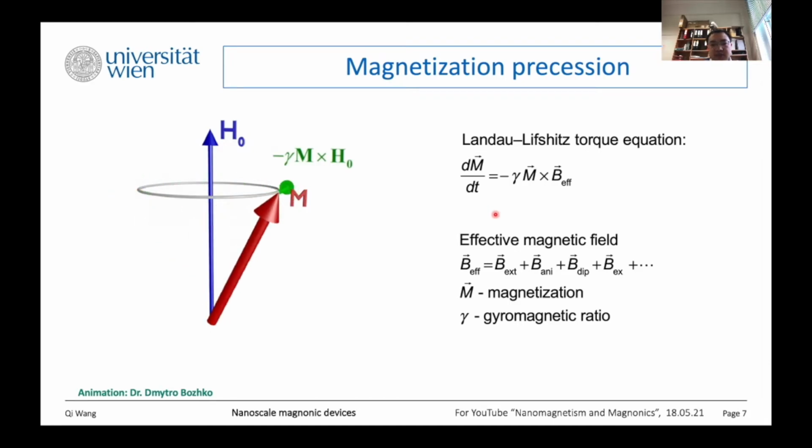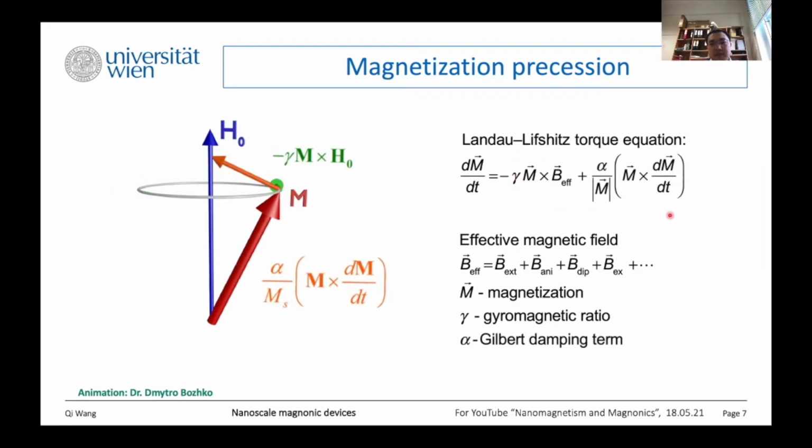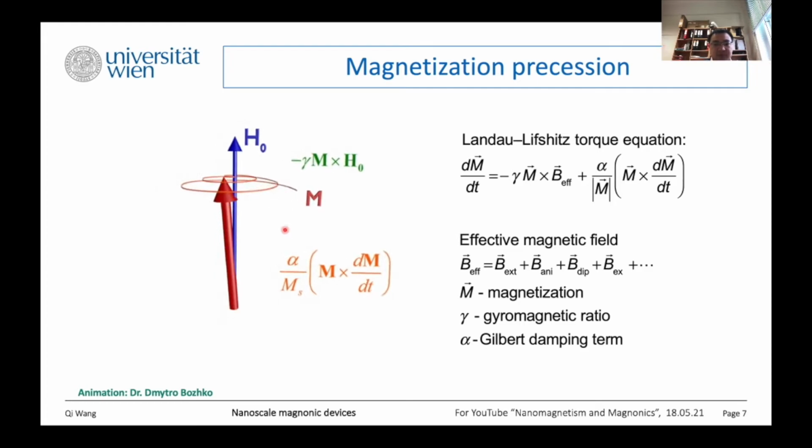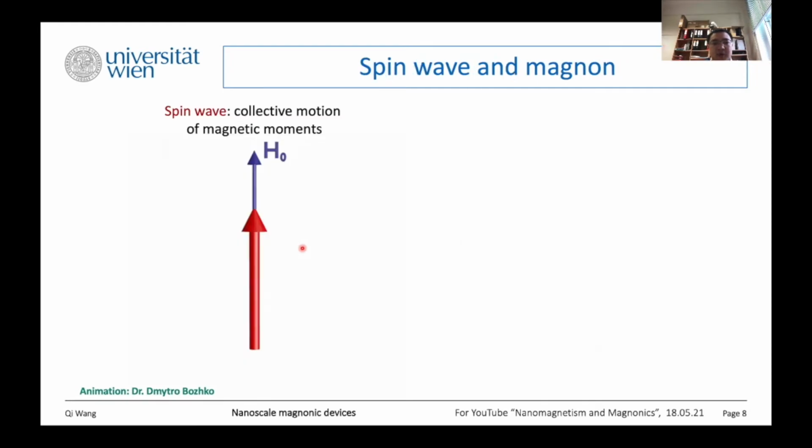And in the real system, we must take into account the damping. This damping will create another torque which points to the external field and moves the spin back to the ground state, like this. In the experiment, we send an oscillating field which is perpendicular to the external field to drive the spin to start to precess.